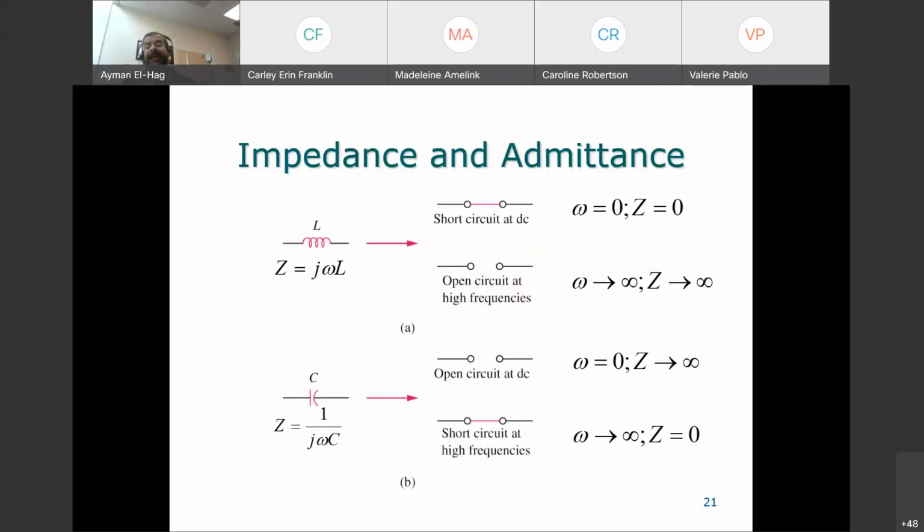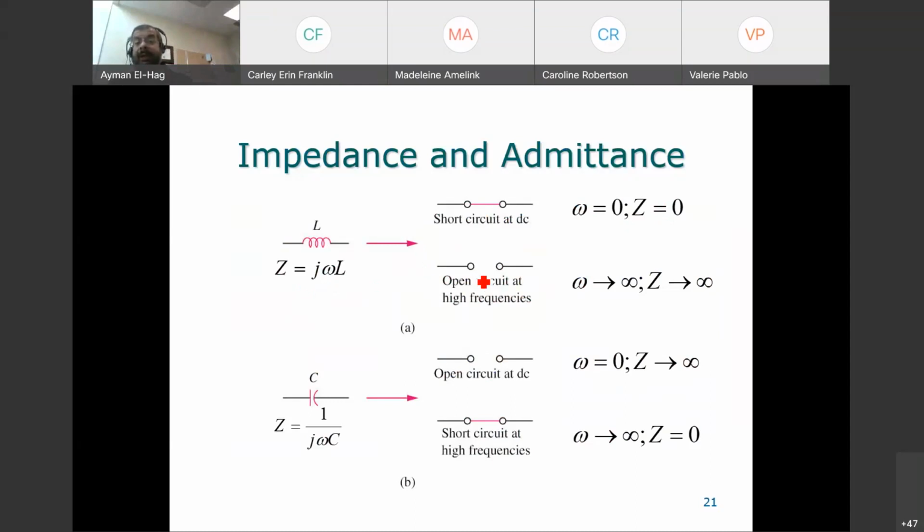Now, when you go to the extremes, we said that Z is equal to j omega L. So what would happen to Z if the frequency is zero or the frequency is infinity? Means very, very low or very, very high. So if this is very, very low, in DC, omega equal to zero, Z is equal to zero. It means it's a short circuit. So if you're working with a very little frequency or zero frequency, Z can be treated as a short circuit.